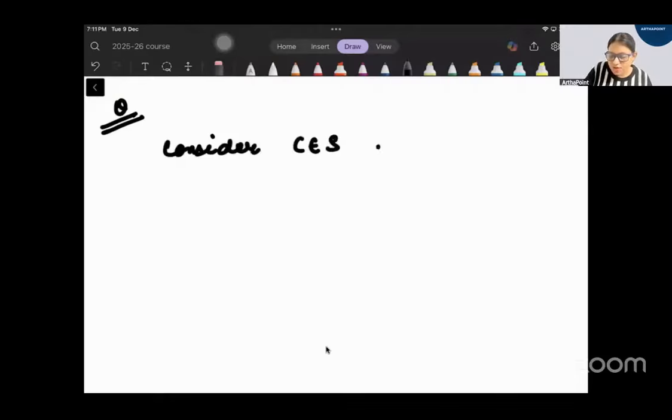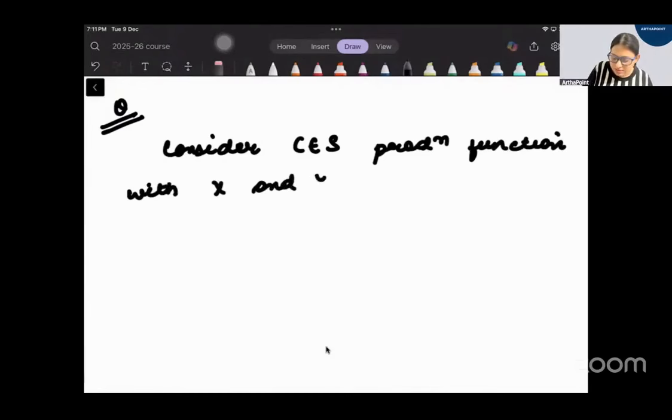Consider a constant elasticity of substitution production function with x and y as inputs.